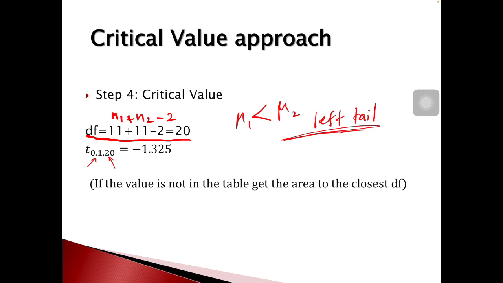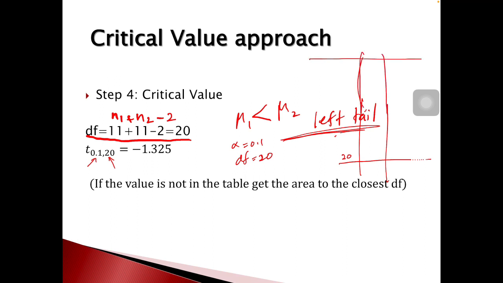So how do we find this T table value? We have alpha equals 0.1, degree of freedom is 20. In the T table, use the first column to find 20, and in the columns you can find 0.1, 0.05, 0.005, something like that.